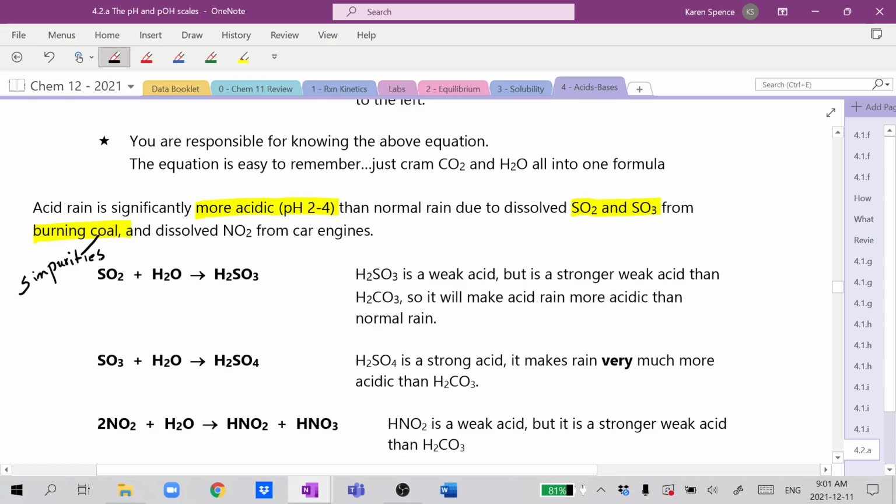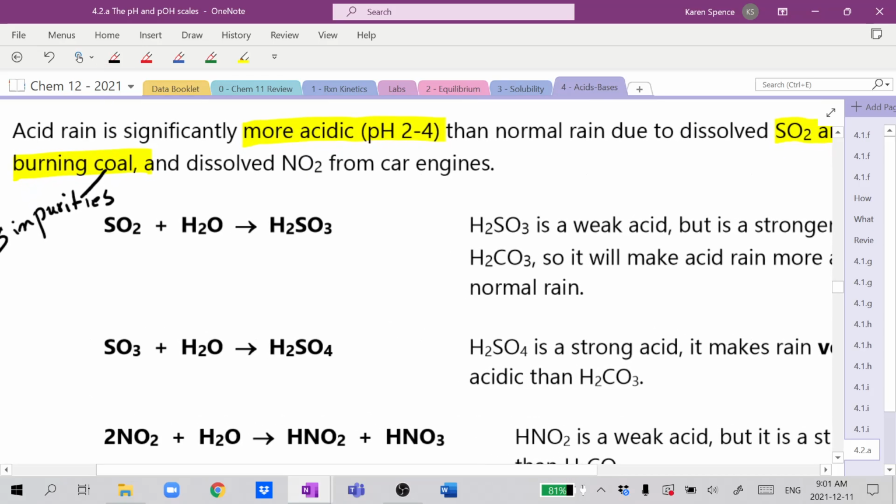Okay, so when we burn them, they get oxidized, oxygen attaches onto the sulfur, and we do the same thing with the sulfur dioxide and the sulfur trioxide: we react them with water and we just cram the whole thing together into one formula.